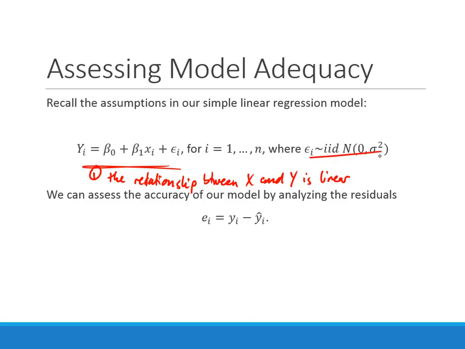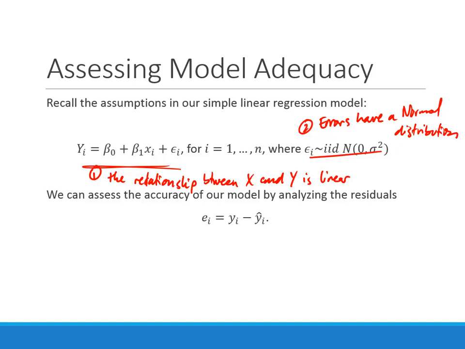So here's number 2: the errors have a normal distribution. Those are the two main things that we need to check. Again, the point is that x and y could be related, but not in a linear way, so we need to make sure that a linear relationship is in fact appropriate here. And we also want to make sure that this assumption of normal error terms is good as well.